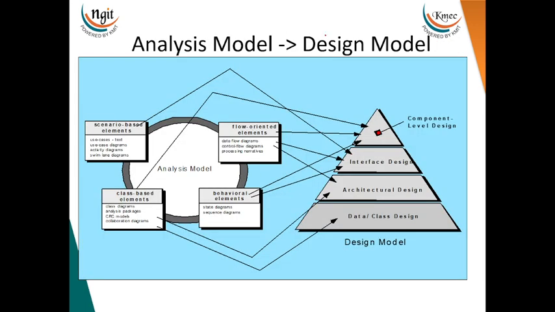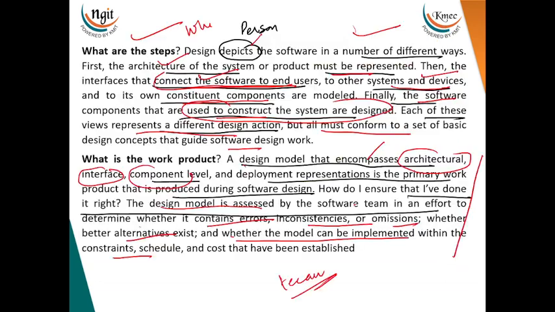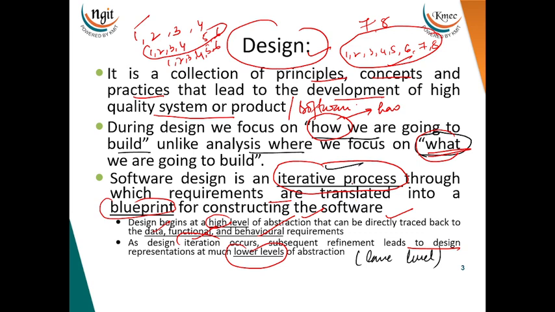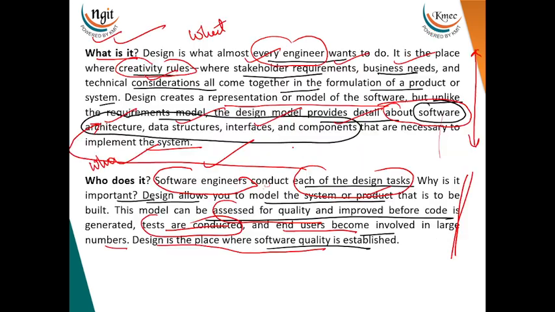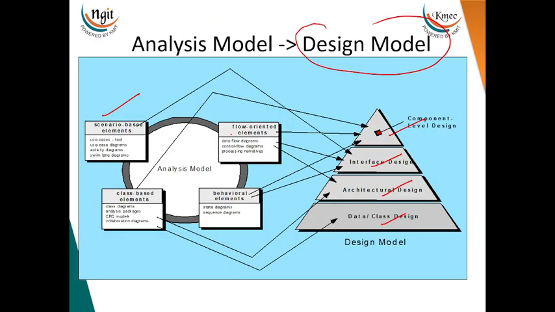So the analysis model. First one is the design model. If you see it, there is the analysis one. We have the data or class diagram, architecture diagram, interface diagram. This is the component level diagram. This is the scenario based analysis model, and the design model. If you look here, what is this one? Analysis phase, and this is the design phase. So this is the analysis phase and this is your design phase.